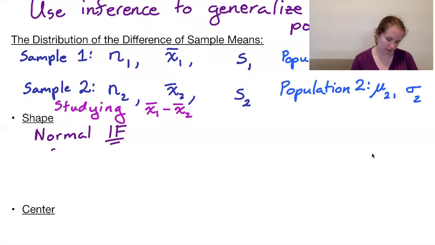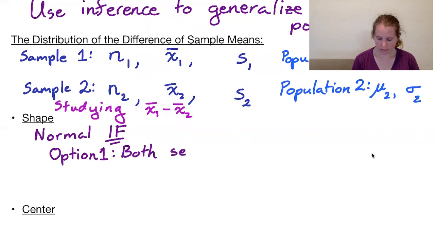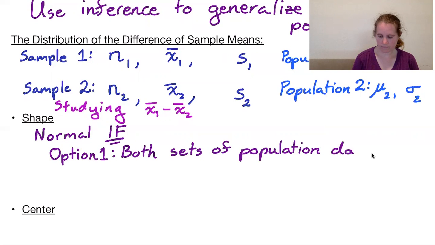So again, we have option 1, which has both sets of population data are normally distributed.